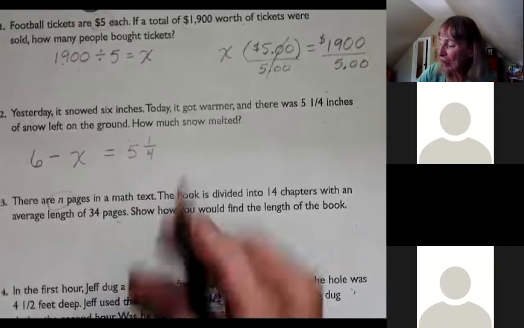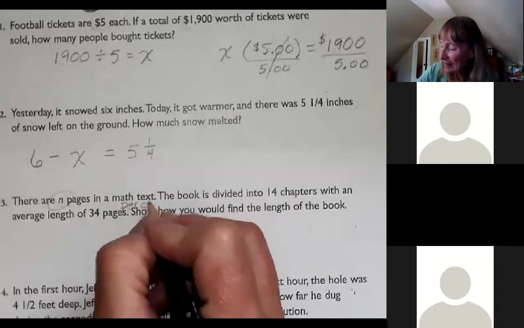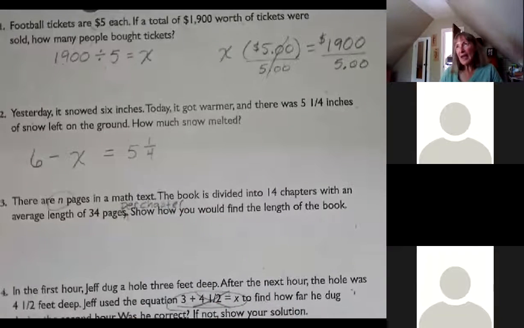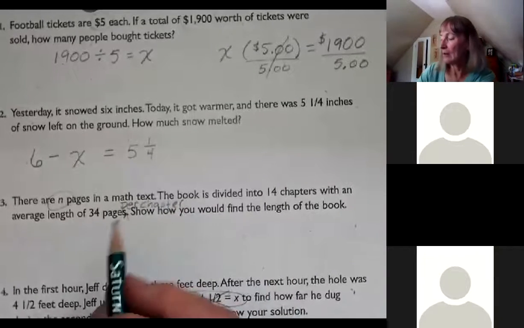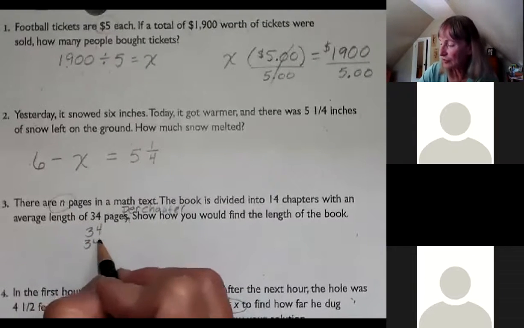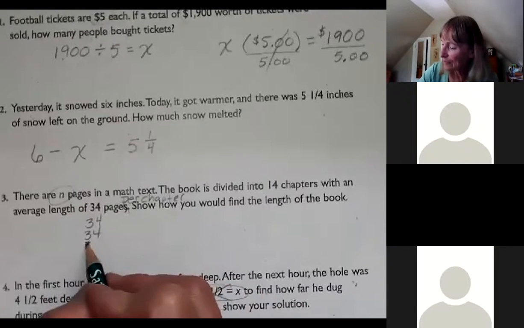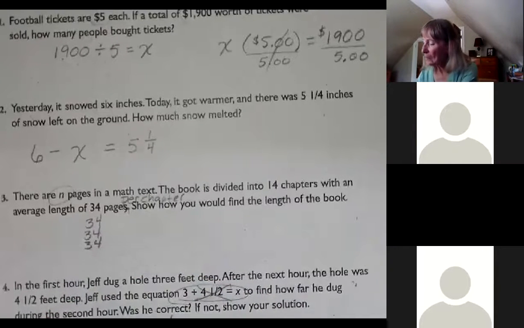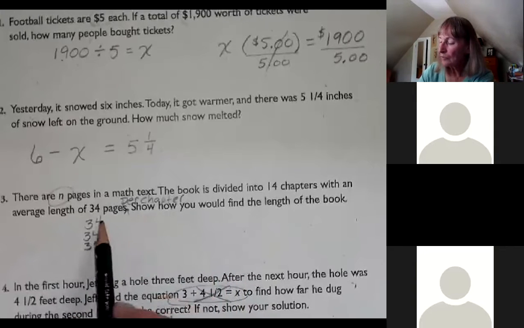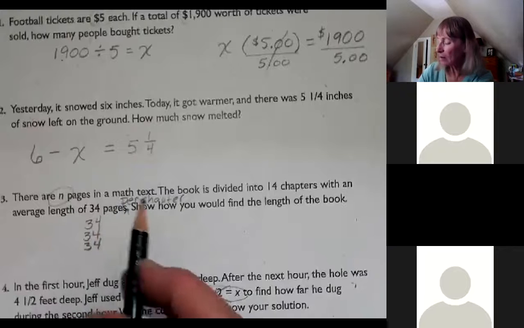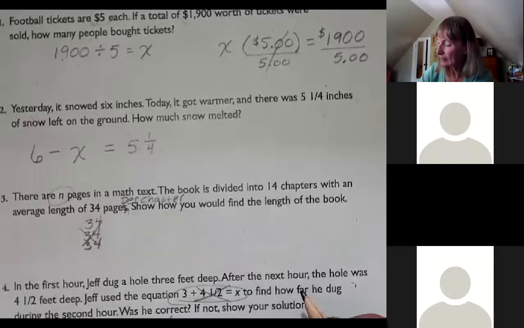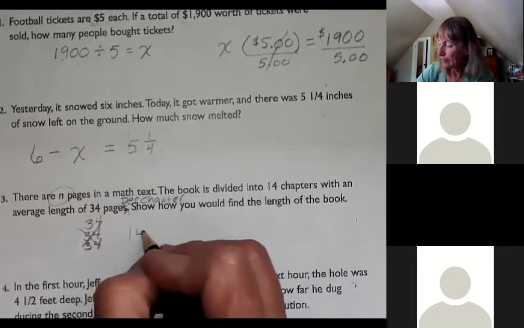I like the way that you added the words per chapter in there. That clues me into thinking that, okay, chapter 1 has 34 pages, chapter 2 has 34 pages, chapter 3 has 34 pages, and I would have to do this a whole bunch of times. When I'm doing repeated addition, it's always easier to multiply instead.